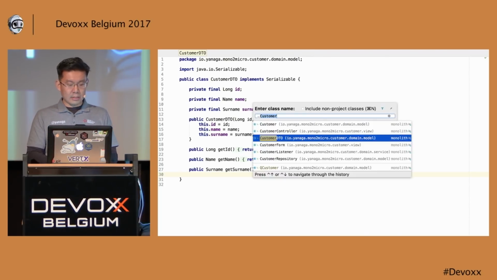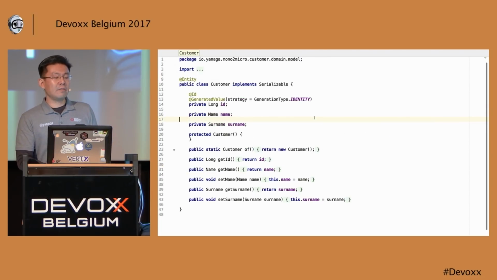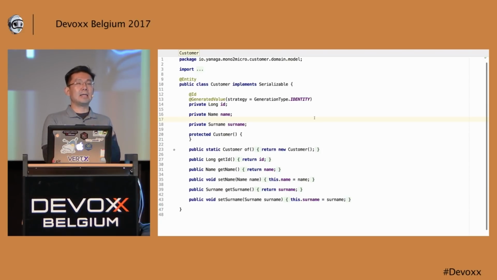If I have a customer class and I decide the customer bounded context is simple enough, and you might guess that in the real business world my domain models are never that simple, but I just want you to have a notion of what can be done here. If I decide the customer bounded context is an ideal candidate to be moved to a microservice, we're going to expose that.